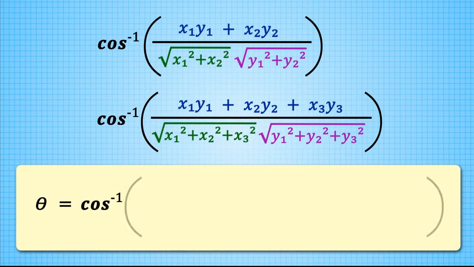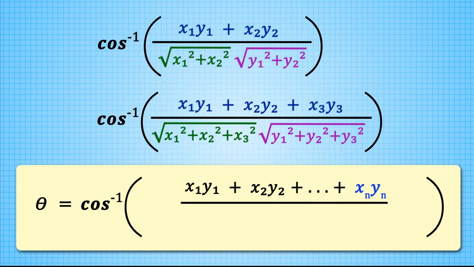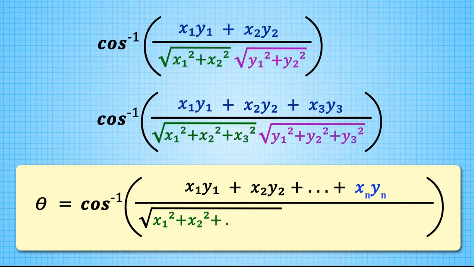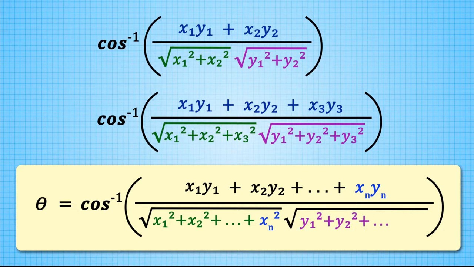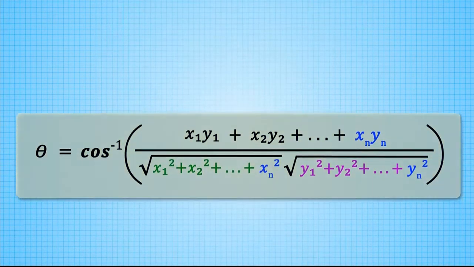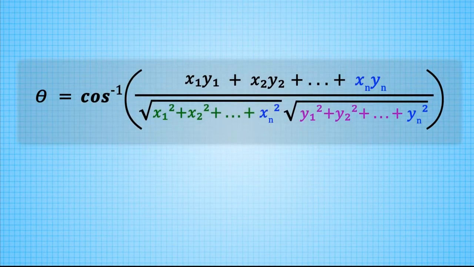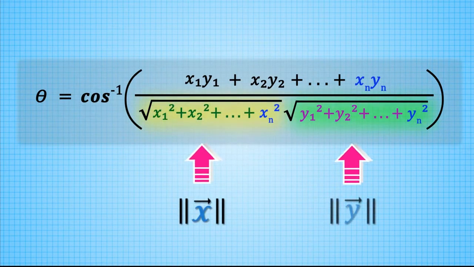Theta equals the inverse cosine of x1y1 plus x2y2 up to xn yn divided by the square root of x1 squared plus x2 squared up to xn squared times the square root of y1 squared plus y2 squared up to yn squared. If you look closely, you'll recognise that the denominator is the product of the norm of x with the norm of y.